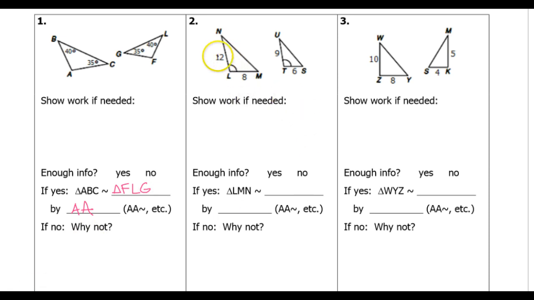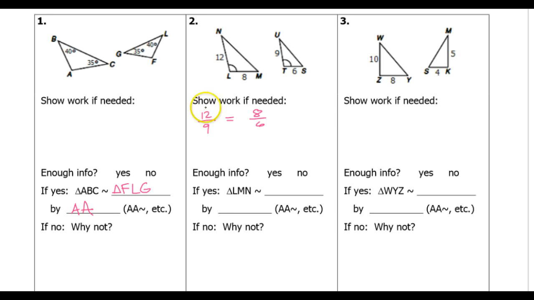Now, there is such a thing as a side-angle-side similarity postulate. However, we can't just assume that the corresponding sides are proportional. We have to check. So I see side angle side, but we have to go ahead and do, for example, 12 over 9, because those would be corresponding sides, and see if that really equals 8 over 6.